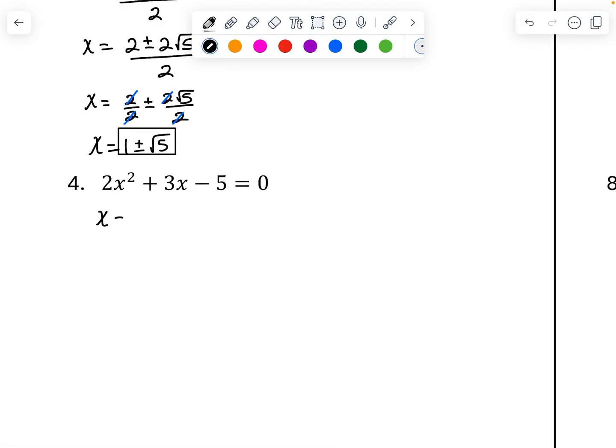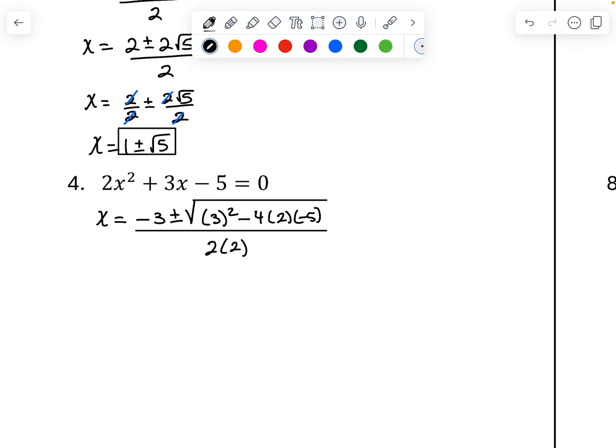X equals the opposite of b plus and minus the square root of b squared minus 4 a c, divided by 2 times a.